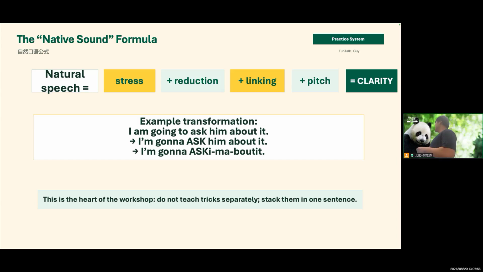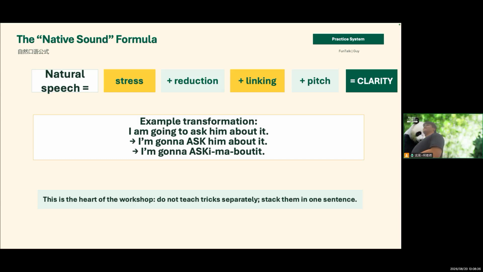Which word gives the most important information? It's "ask", I'm going to ask him. Right, if I don't say "going to" and just say "I ask him", you still know I'm going to ask him, right? So the most important information is the most emphasized. That's why when we say "I'm gonna" it becomes like this: I'm gonna ask him about it. I'm gonna ask him about it. So really, the only one you emphasize is just "ask".